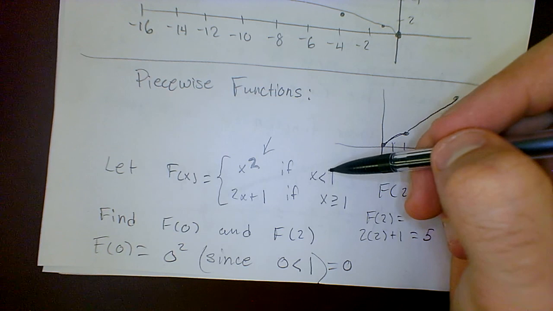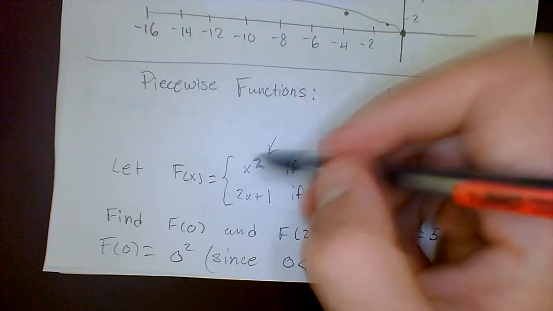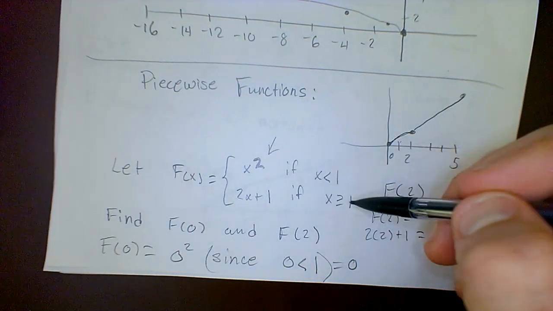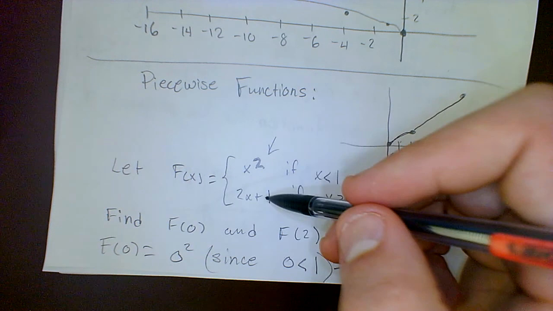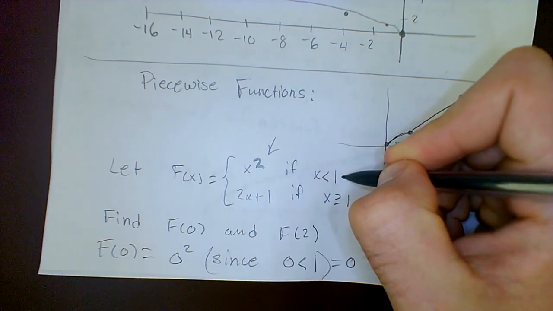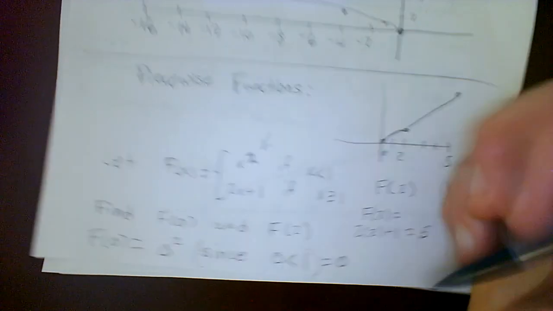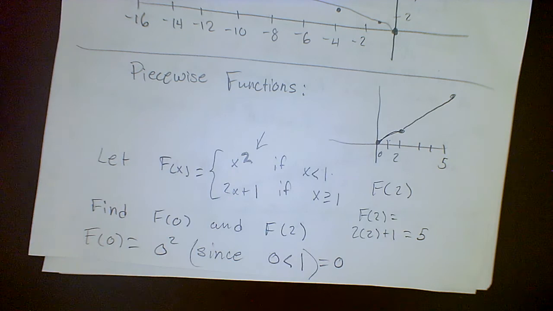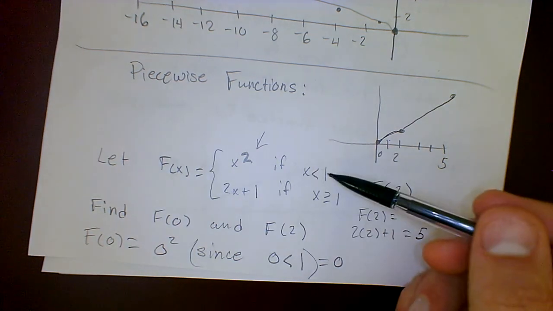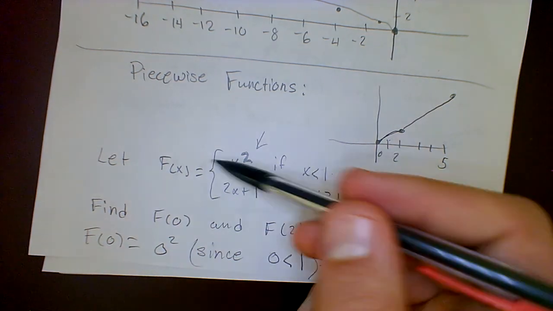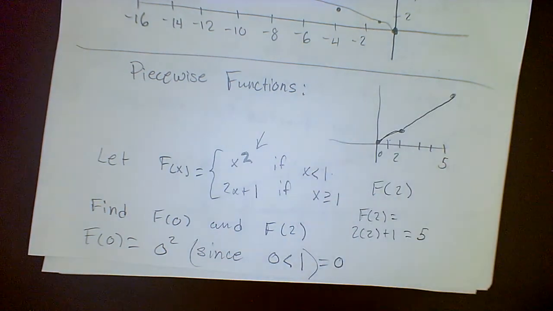If it's less than 1, we have this x squared definition, and if it's greater than or equal to 1, it's this definition. So this point x equals 1 is called, in the book, a turning point. Okay, so you can have as many of these turning points as you want. The bracket gets longer and you have more functions. Okay.